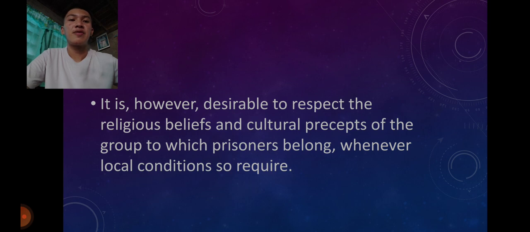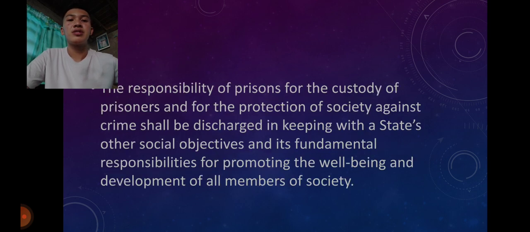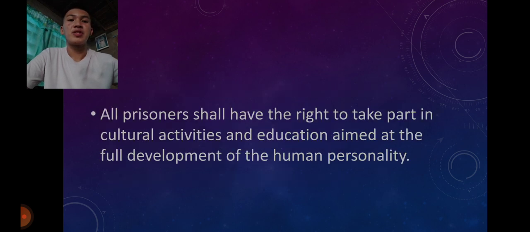It is, however, desirable to respect the religious beliefs and cultural precepts of the group to which prisoners belong whenever local conditions so require. The responsibility of prison for the custody of prisoners and for the protection of society against crime shall be discharged in keeping with a state's other social objectives and its fundamental responsibilities for promoting the well-being and development of all members of the society.